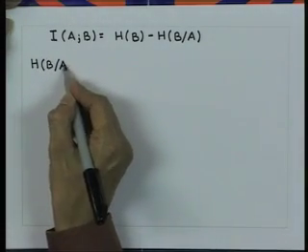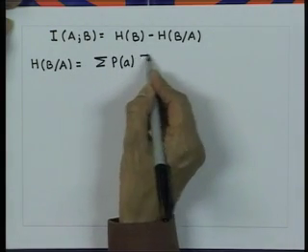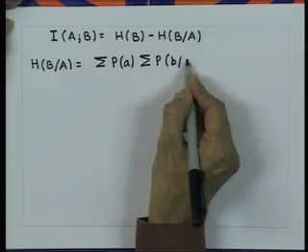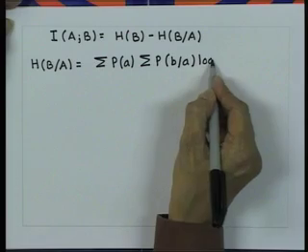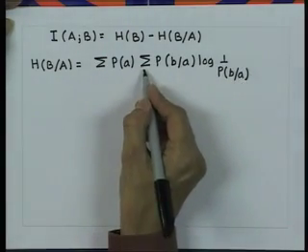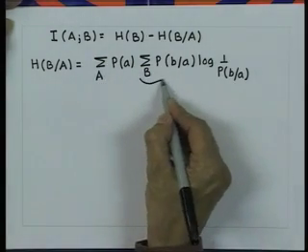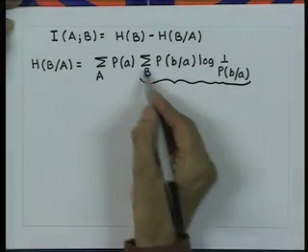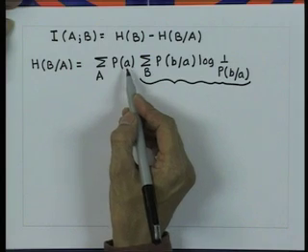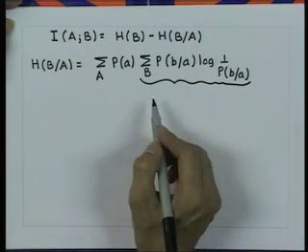H(B given A) is equal to the summation over A of probability of A multiplied by the summation over B of probability of B given A log of 1 by probability of B given A. Now, the summation over B is a summation for each Ai of the terms in the ith row of the channel matrix.